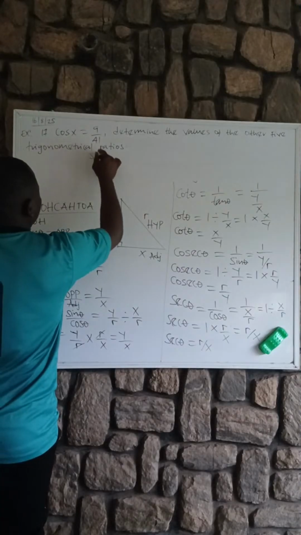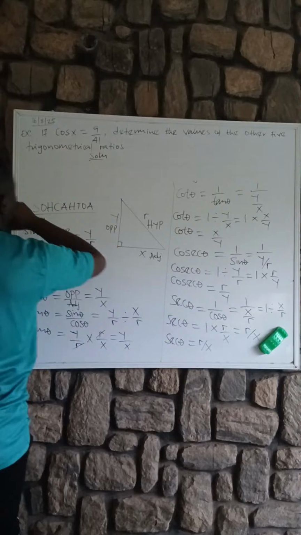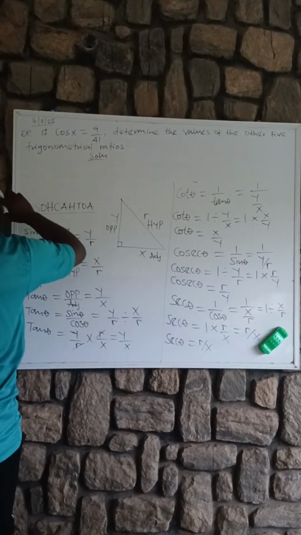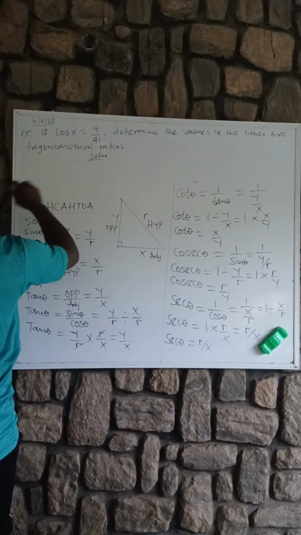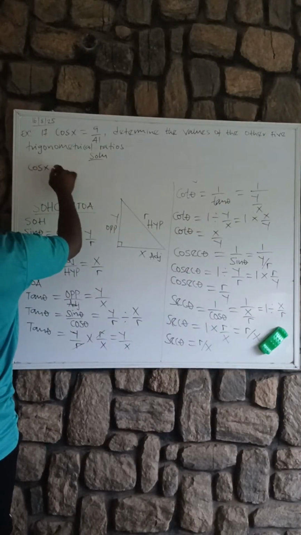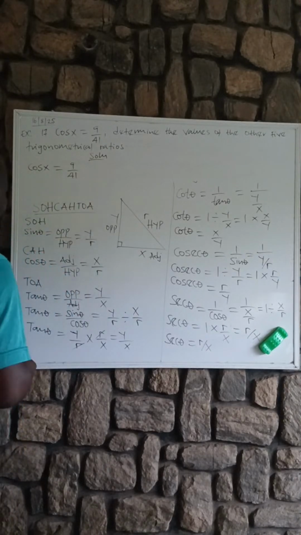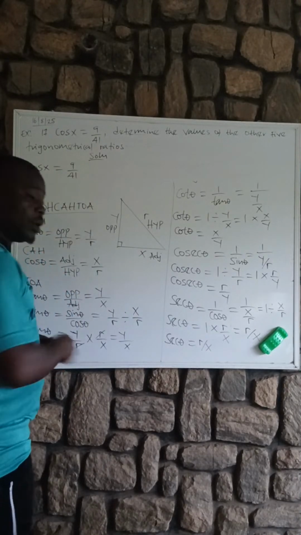Let us write a solution. If we write the solution, it means our cos x is equal to 9 all over 41. Okay, so here we'll be using this diagram.